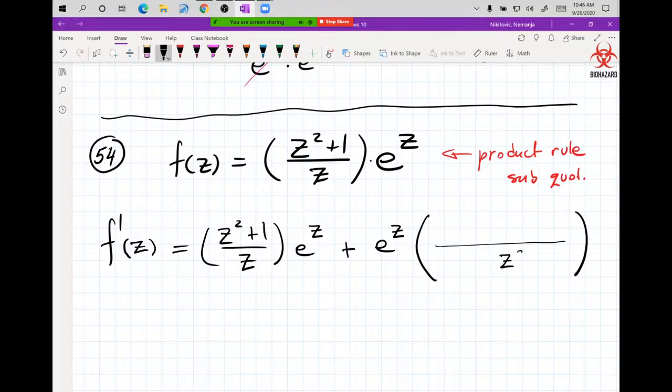And that's going to be z squared times 2z minus z squared plus 1 times 1.